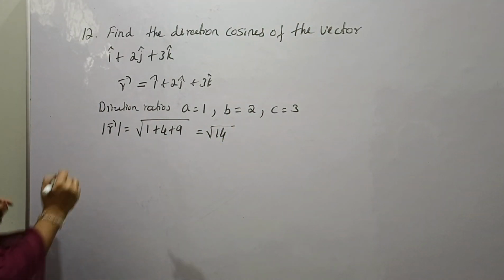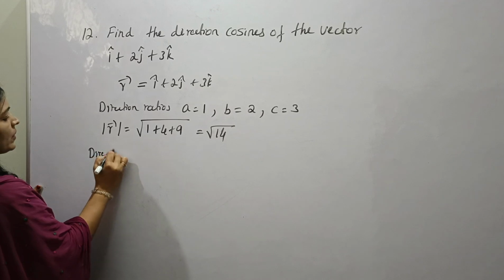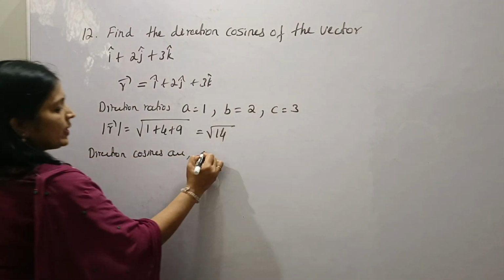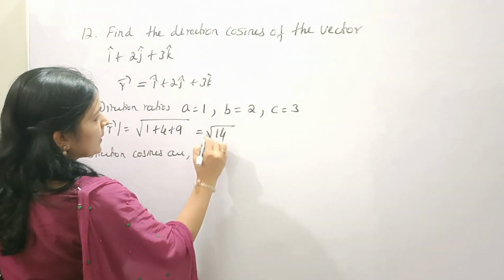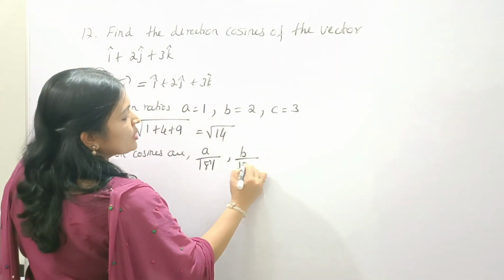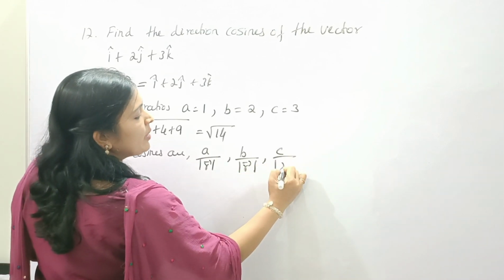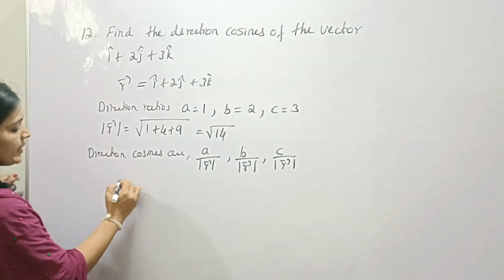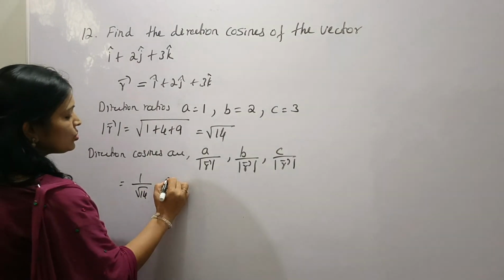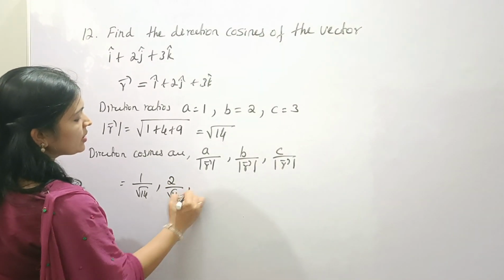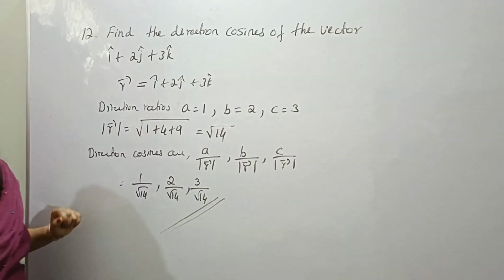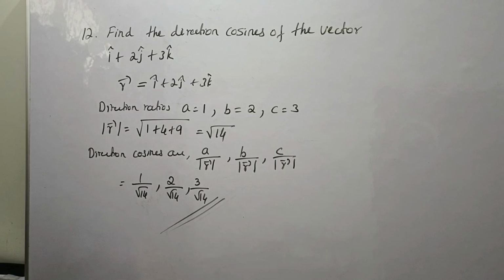Then direction cosines are a divided by modulus of vector r, b divided by modulus of vector r, c divided by modulus of vector r. That is 1 by root 14, 2 by root 14 and 3 divided by root 14 are the direction cosines of the given vector.